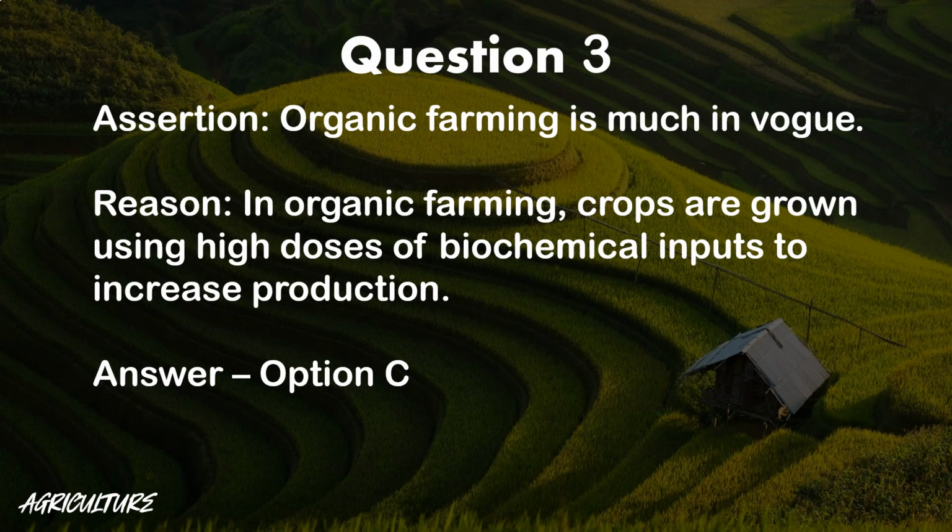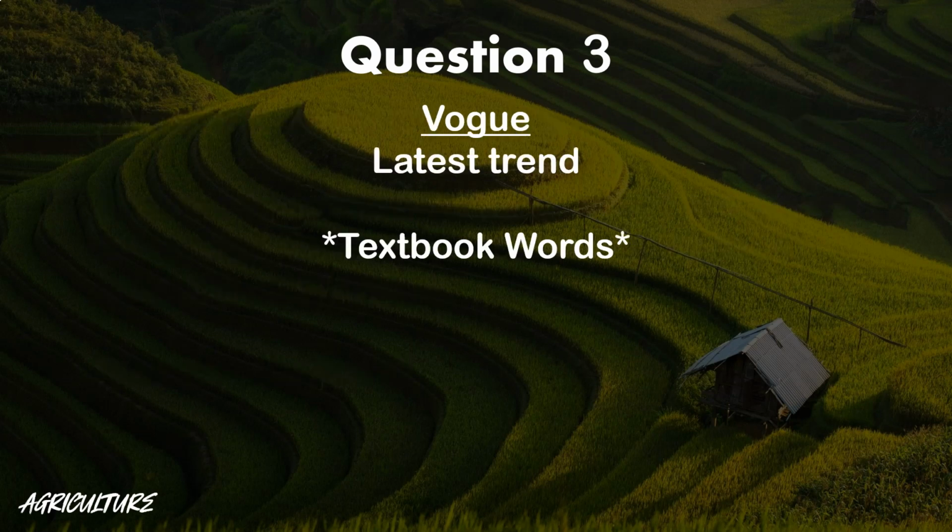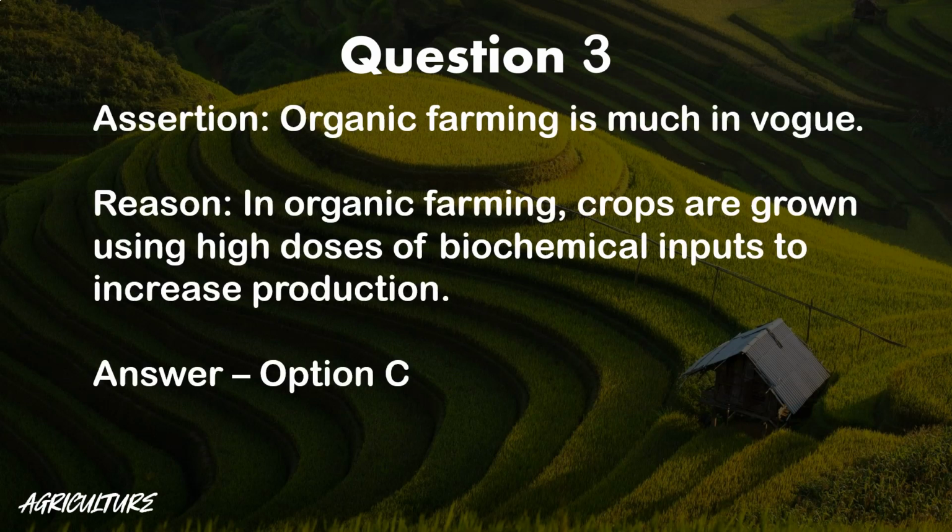Organic farming is much in vogue. First of all, what does vogue mean? Vogue is one of the textbook vocabulary words, and textbook vocabulary words are very important, and I can determine that by this question. Vogue is basically the latest trend, whatever's trending, the newest fad, the newest fashions. And so organic farming is much in vogue.